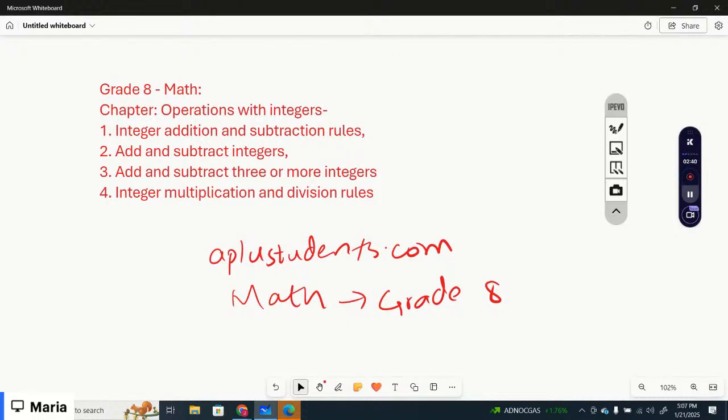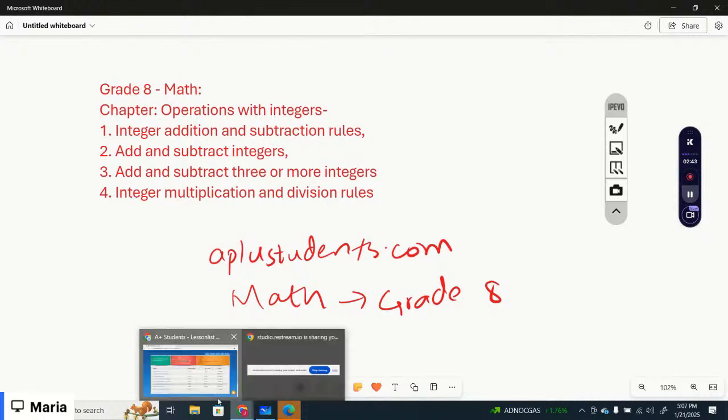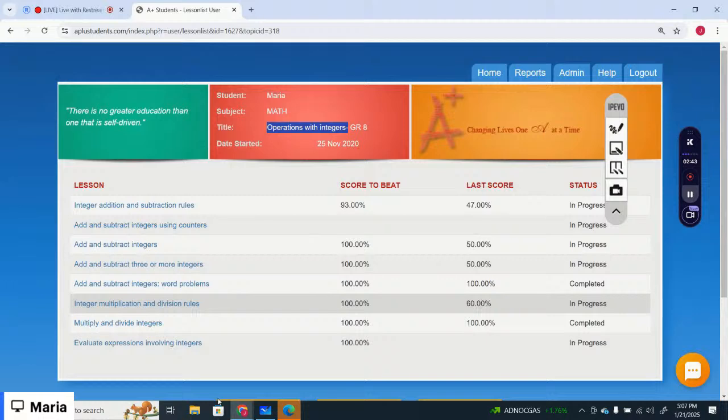Please make sure you have your notebook and pencil so that you can note down the important examples and definitions as well. Let's start with the lesson integer addition and subtraction rules.